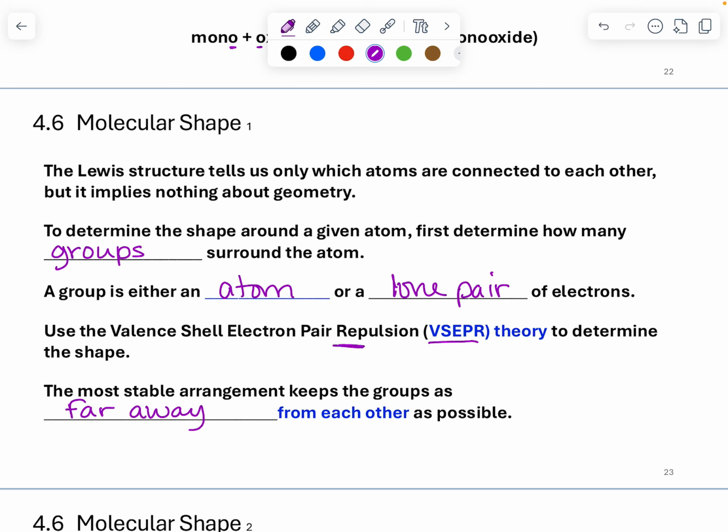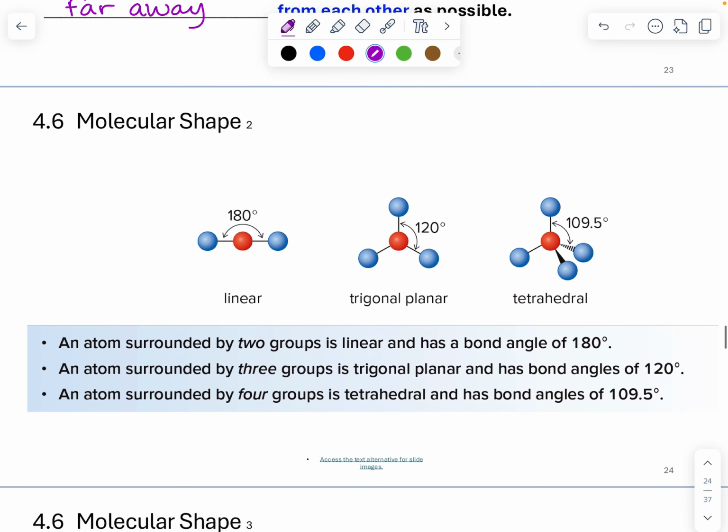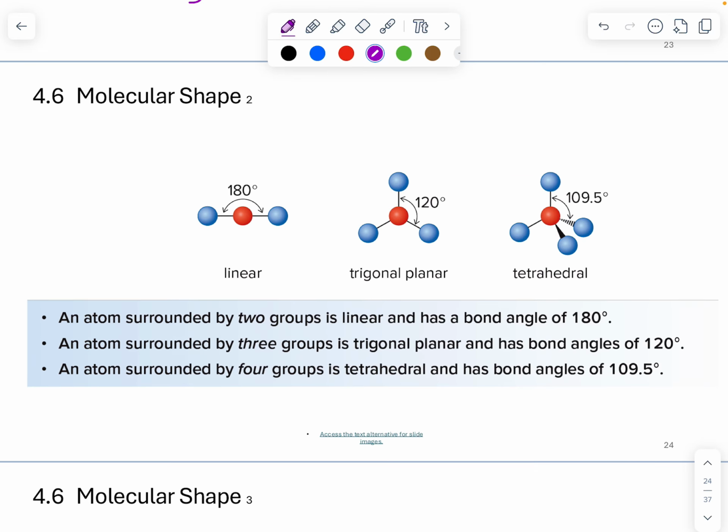There is some repulsion between the electrons, either the bonded electrons or the lone pair electrons. And so a molecule will typically take the shape in which these atoms or lone pairs are as far away as possible. So on this slide it gives us some examples of different shapes that you're responsible for knowing.